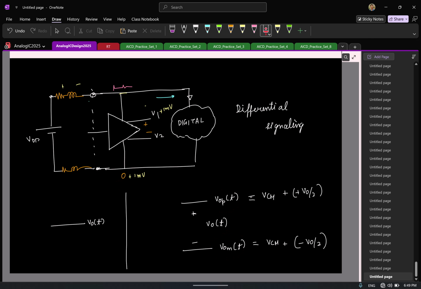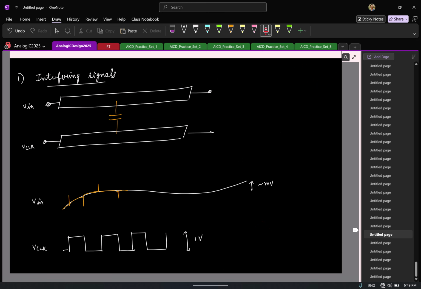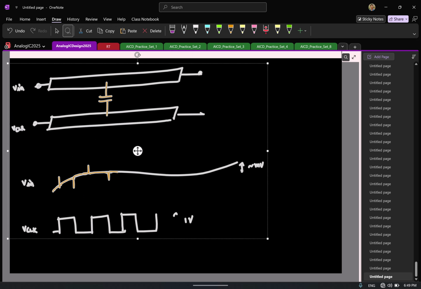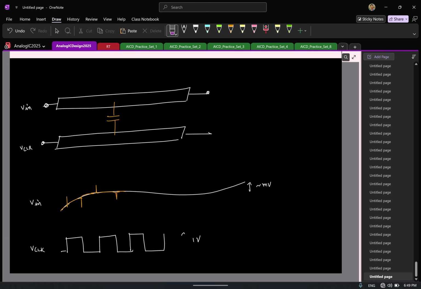So let's also see if there is an interference signal like what we discussed here, what will happen now. Let me just copy this. So now we no longer have one output. So I have, let us say, VO plus of t and VO minus of t.